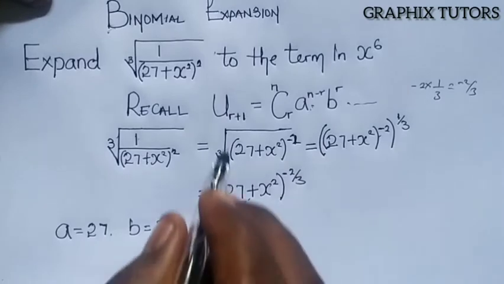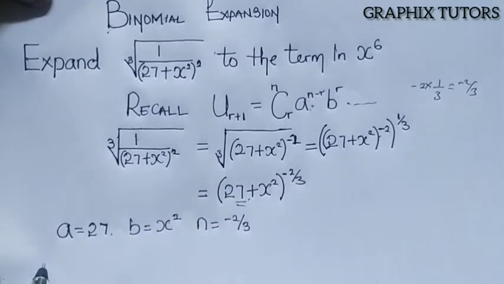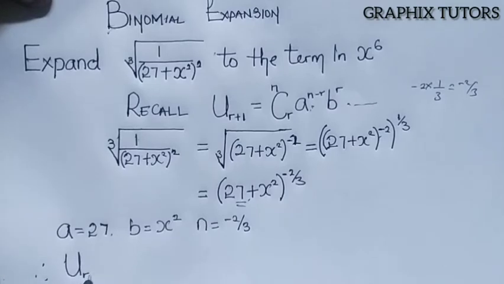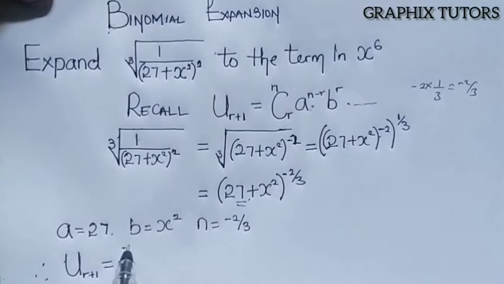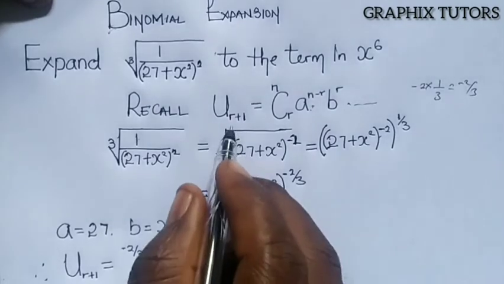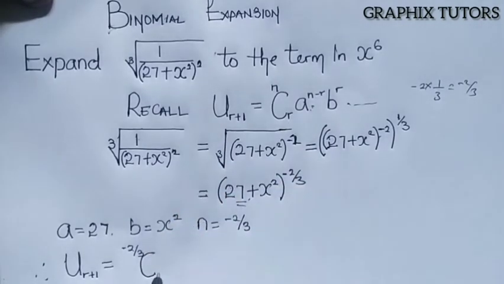So let's start. We'll say therefore my U_(r+1) is equal to n, our n is minus 2 over 3, combination. We don't know what r is, so we'll just put r here, right?